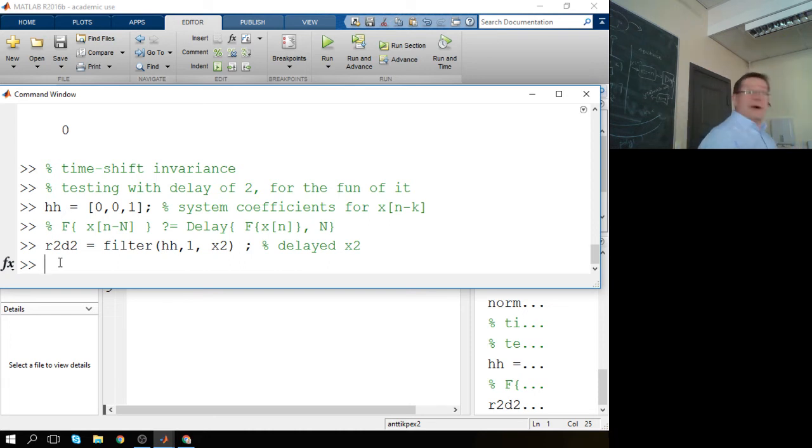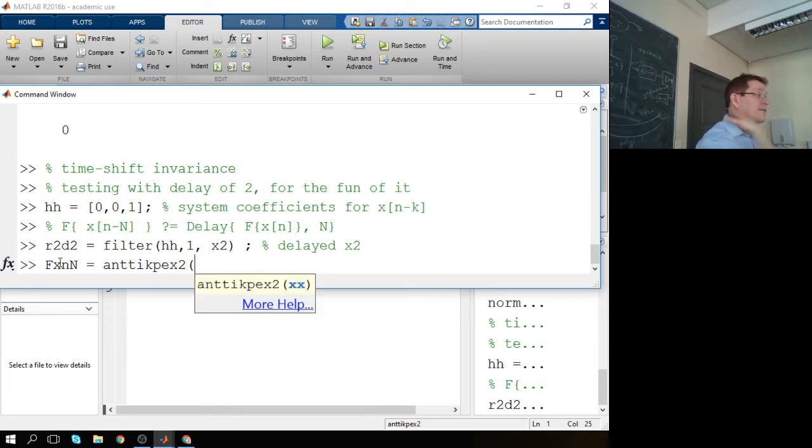Good. So R2D2 is filter H is 1xt, which is the delayed input. Just the delayed input. Now we can actually calculate both the output without the delay and the output with delay. So let's first calculate fxnn, which is basically my function with delayed x.